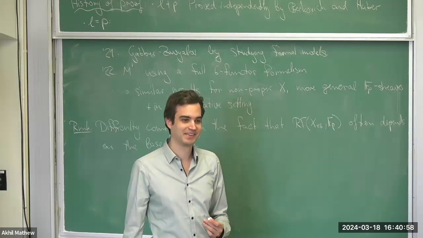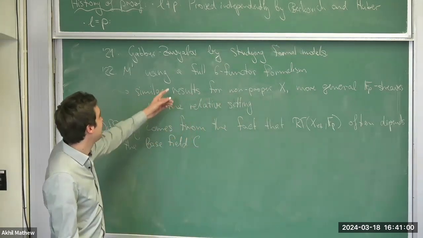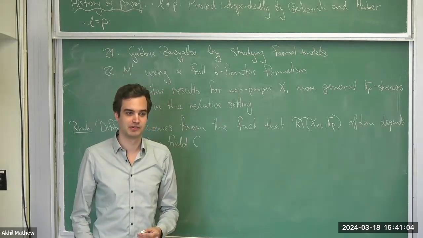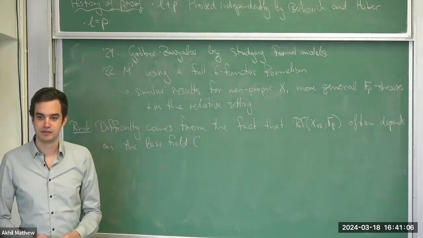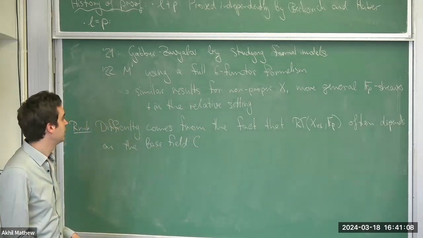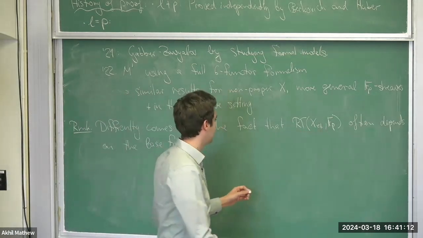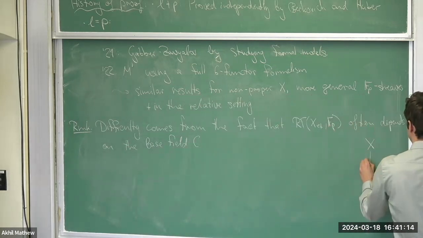So this kills naive base change. If I have a six functor formalism, then there will be base change.